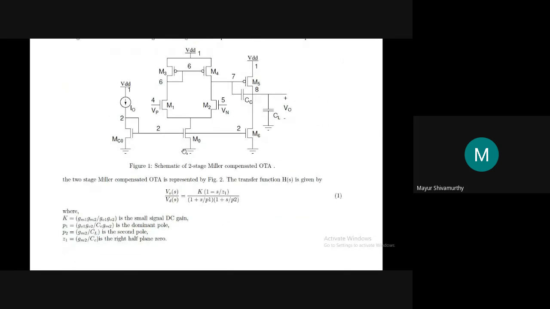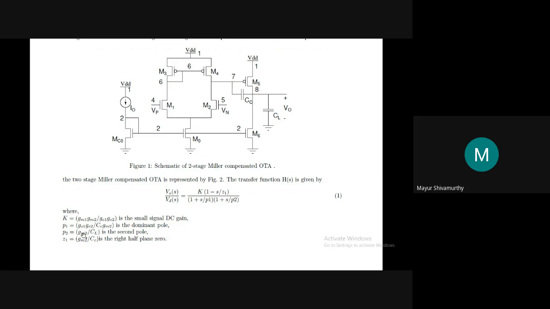The second pole is contributed from the second stage, from this particular GM2. The expression is GM2 by CL. If this GM2 is very large, the pole is very far from the unity gain frequency, very far from P1.